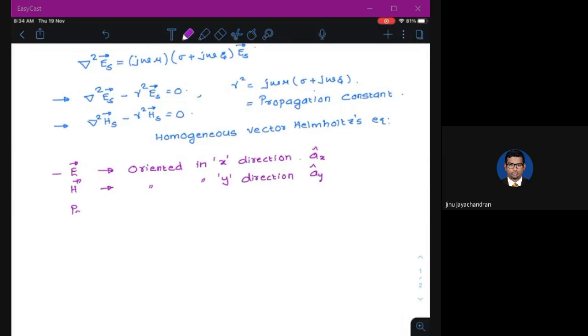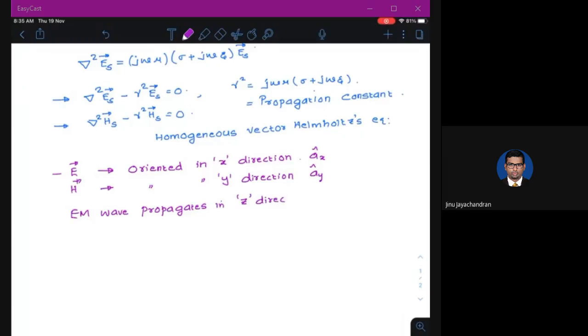The wave is propagating, so I write electromagnetic wave as EM wave, propagates in z direction.